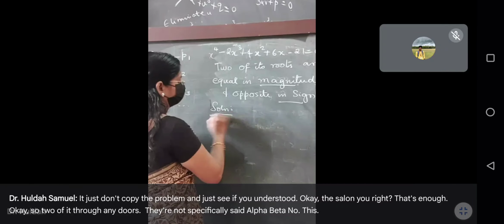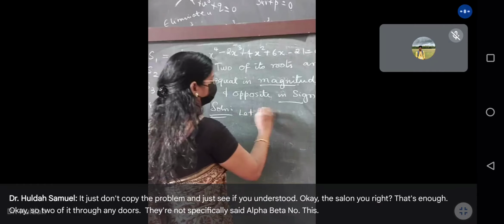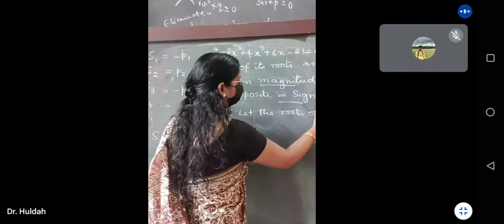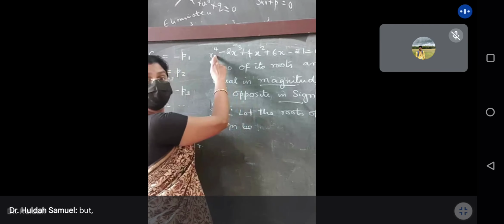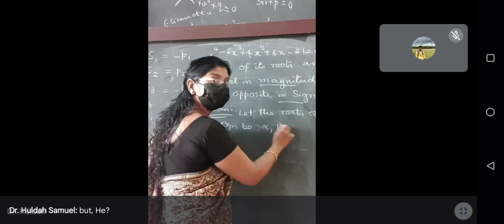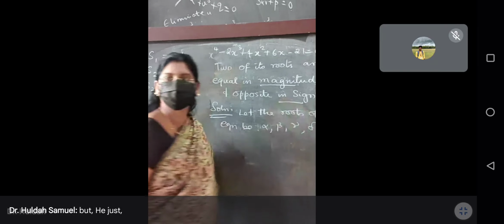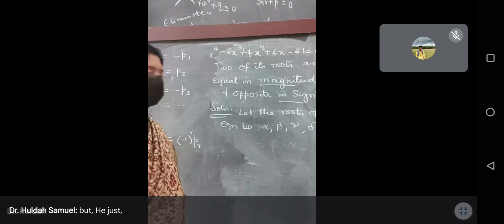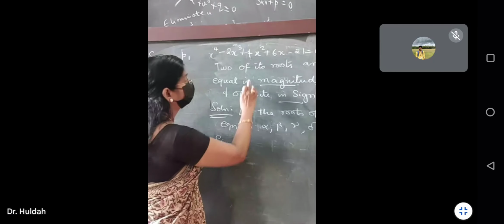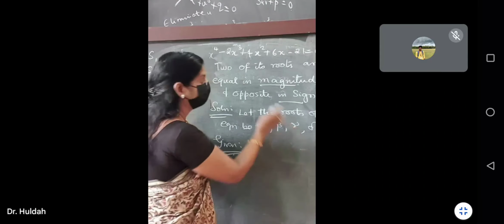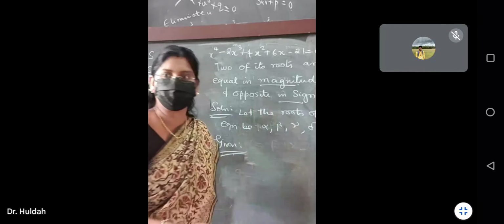How do we write? Let the roots of the fourth degree equation be alpha, beta, gamma, delta. Now, what is given? Two roots, any two roots, are equal in magnitude and opposite in sign.